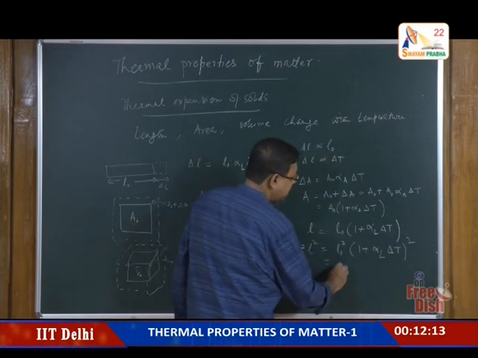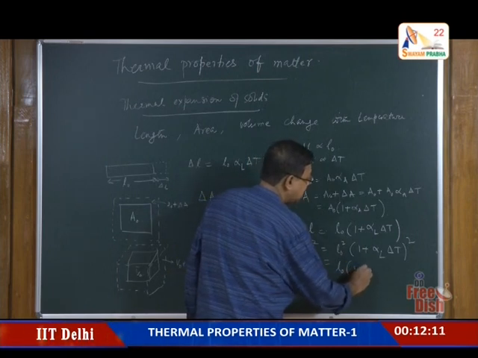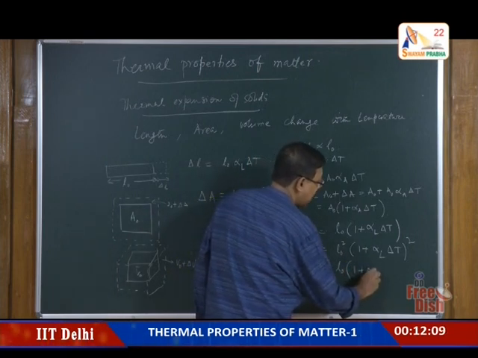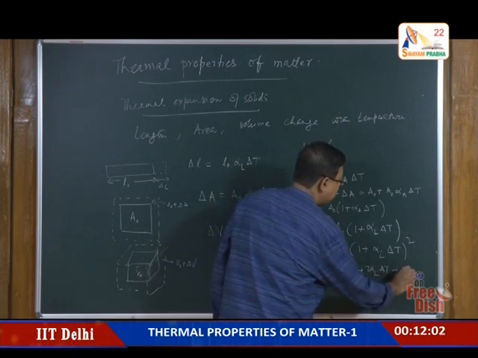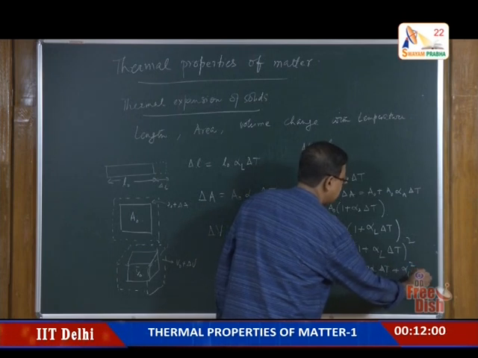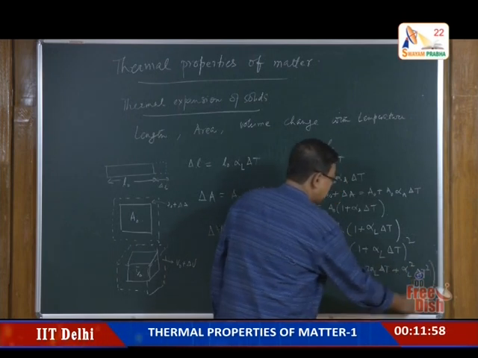Now I can expand the inside term, which is 1 plus 2 alpha L delta T plus alpha L squared delta T squared.